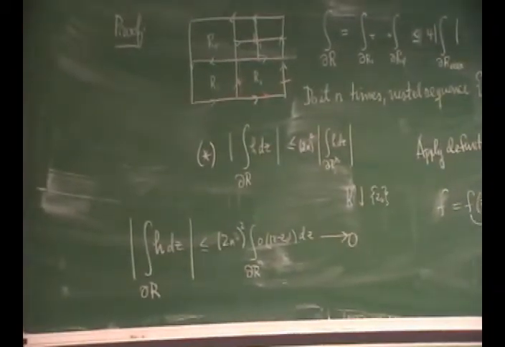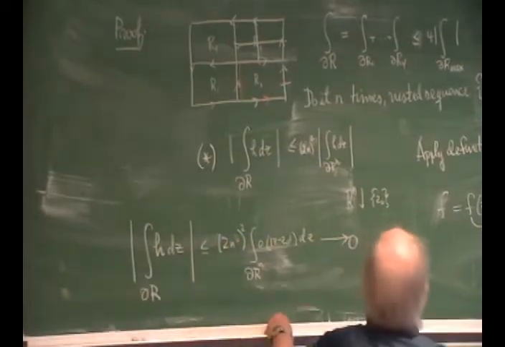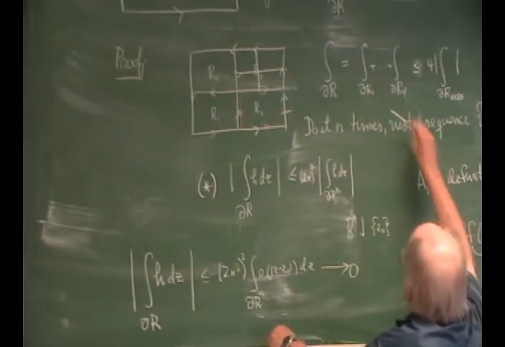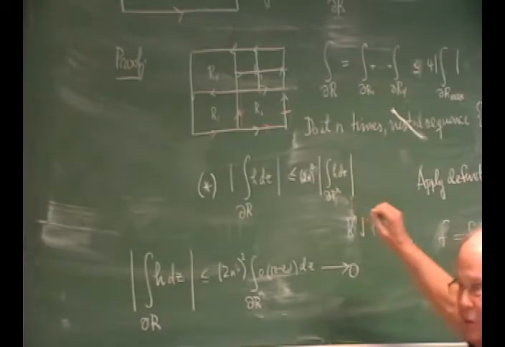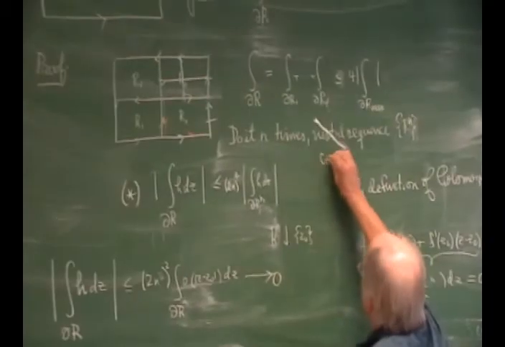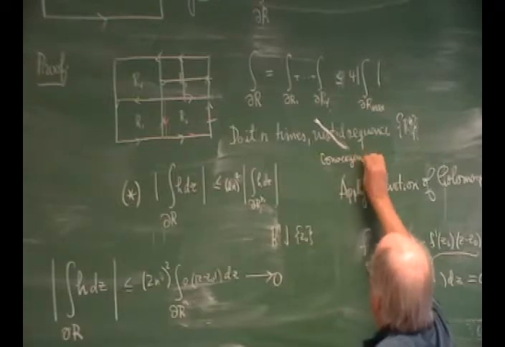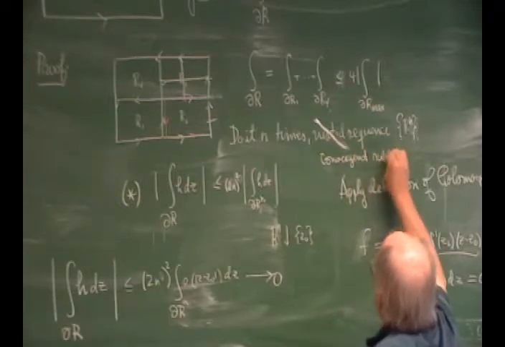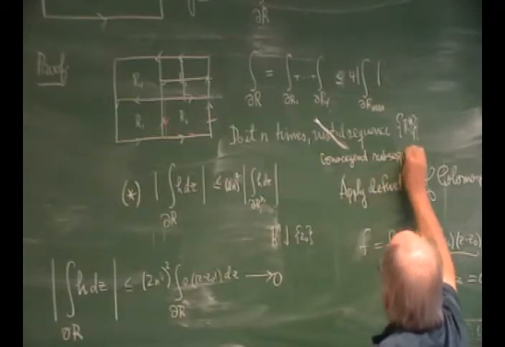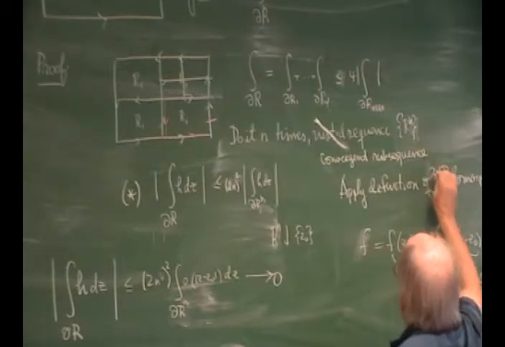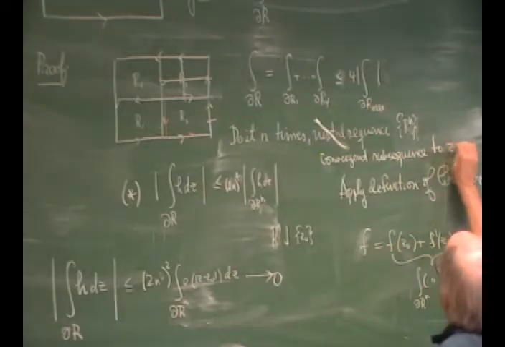So where did I write the estimate? This is what's wrong. I take a convergent subsequence to z0.